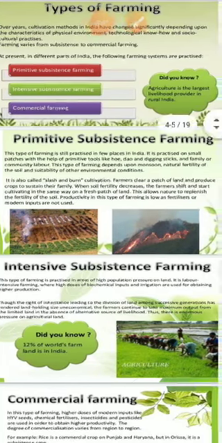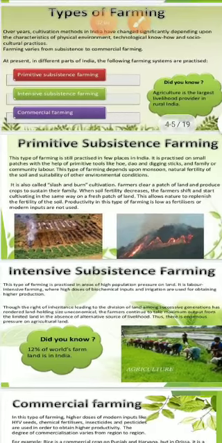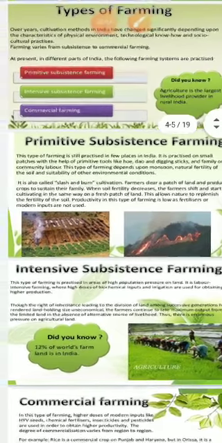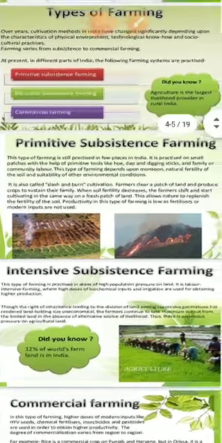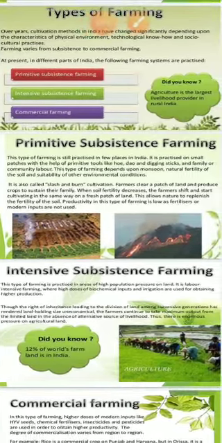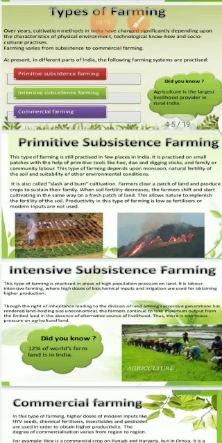When the soil fertility decreases, the farmers shift and start cultivation in the same way on a fresh patch of land. This allows nature to replenish the fertility of the soil. Productivity in this type of farming is low as fertilizers or modern inputs are not used.